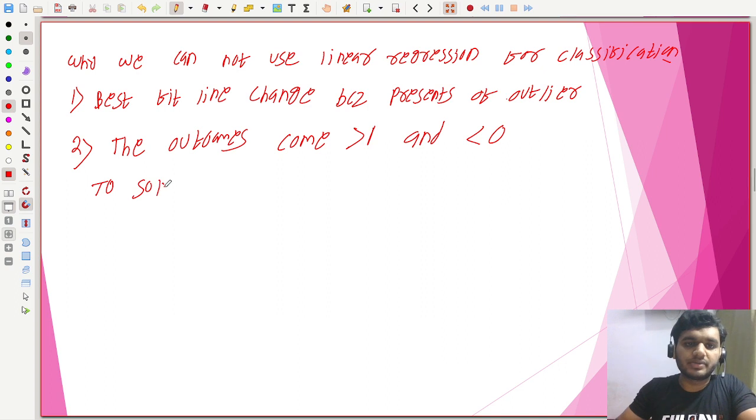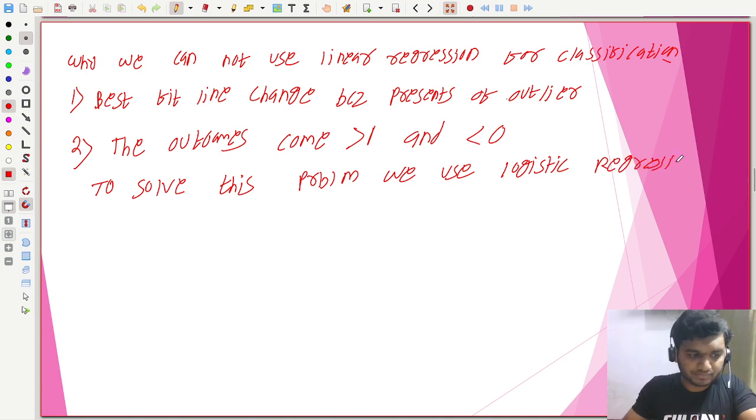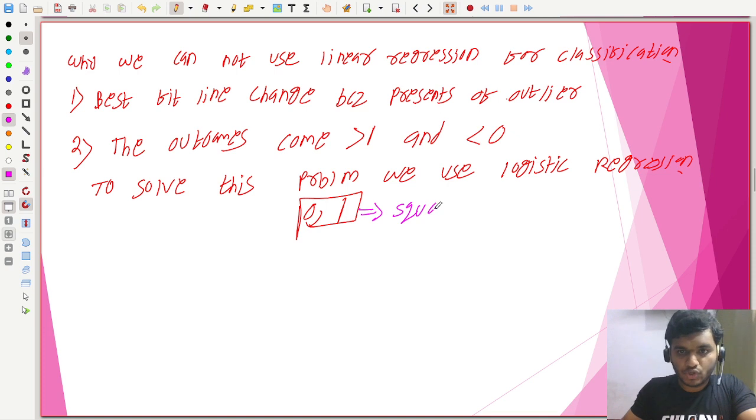To solve this problem, we'll use logistic regression. Here we'll assume the output will be in 0 1 form. That is the squashing technique.